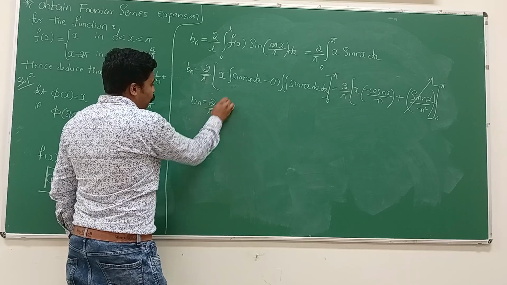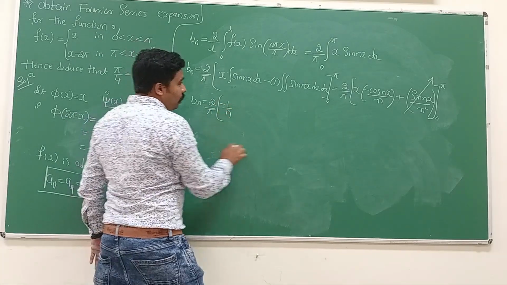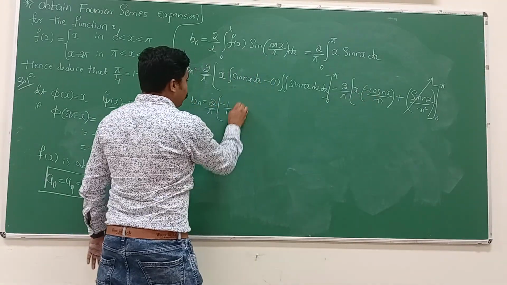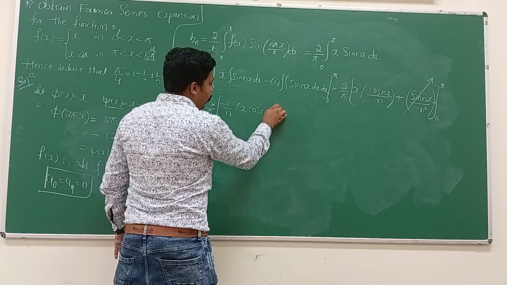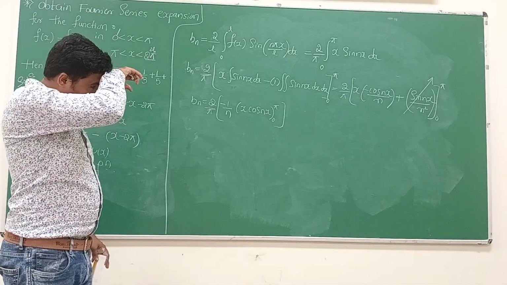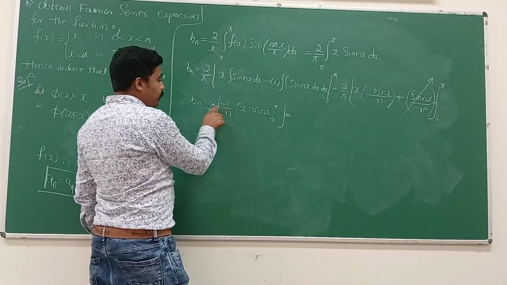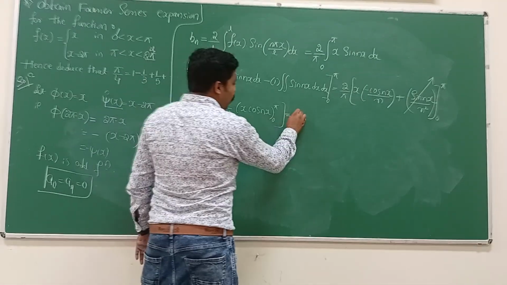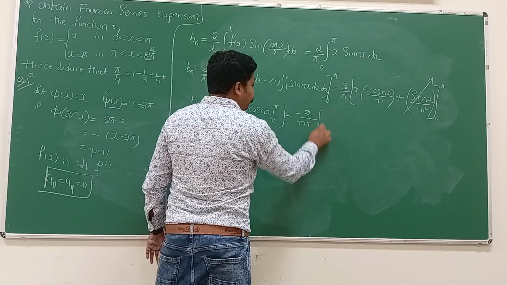Bn equal to 2 by pi, that minus 1 by n I will write outside, minus 1 by n. So remaining term x cos nx between the limits 0 to pi. Now simplify this further. Since it is multiplication, I write it outside, minus 2 divided by n pi.